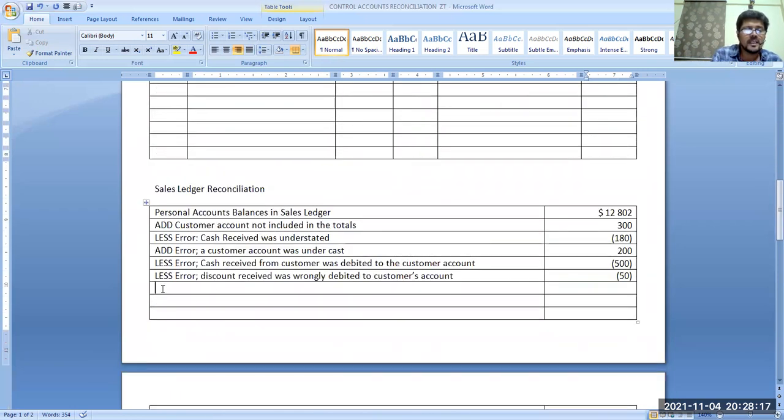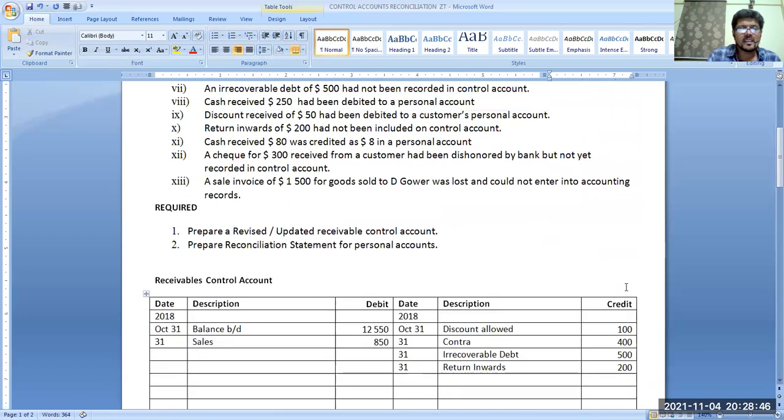Again, what we have to do, we have to deduct less cash received from the customer, so 72.